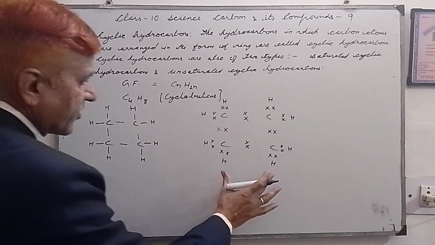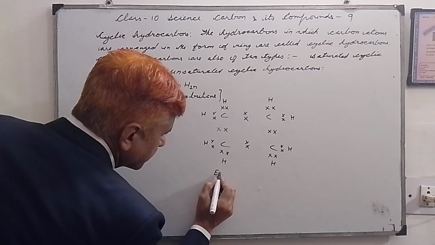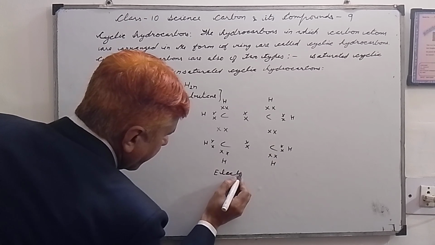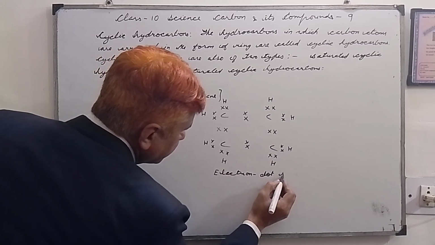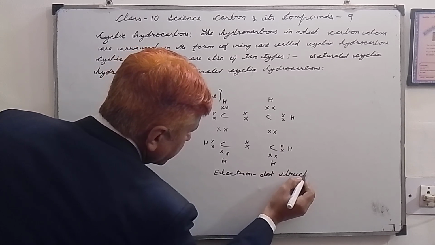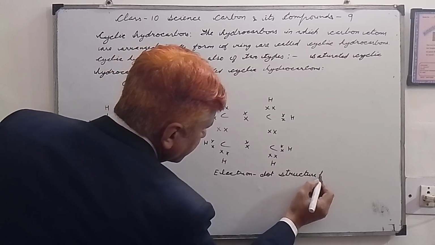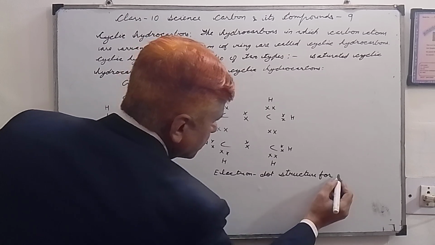So this is the electron dot structure for cyclobutane.